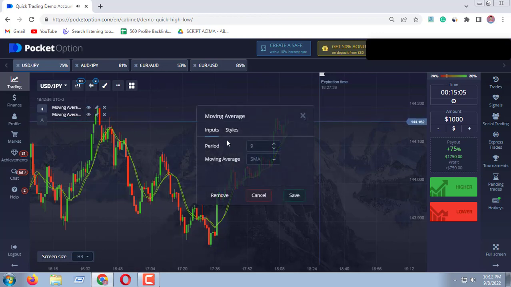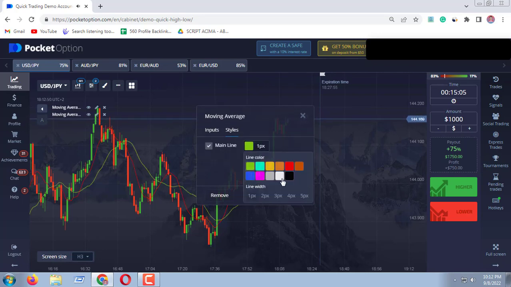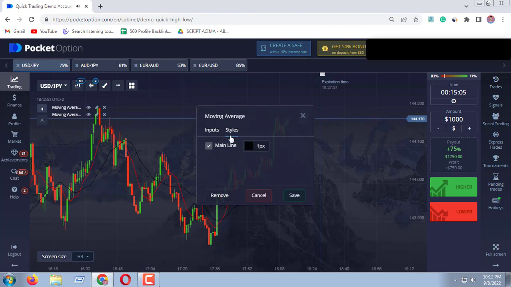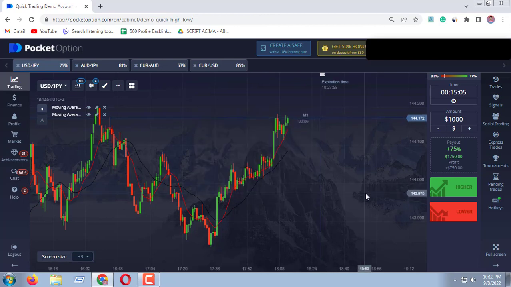Sorry, I changed the color and it is red. Click save, and another moving average period is 21 and the color is black, and click save.